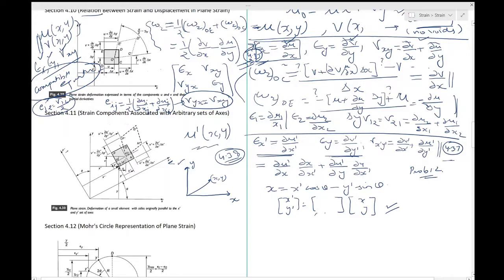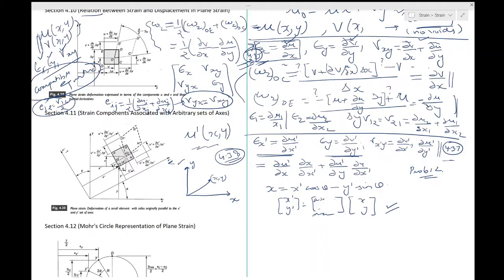So you have to have a transformation matrix over here. I think it will be cos theta, sine theta, minus sine theta and so on. That's where you have to do this transformation of coordinates, and that's how 4.39 is written in front of you.